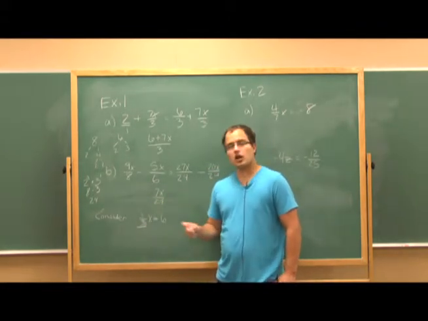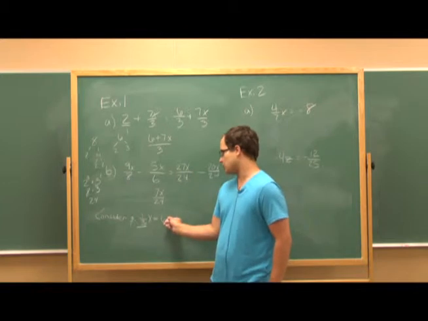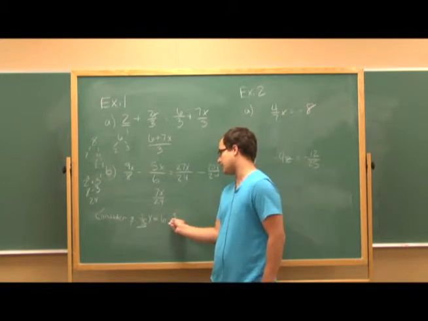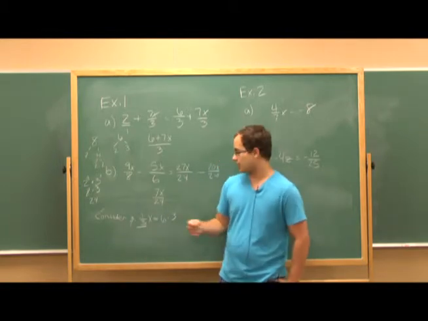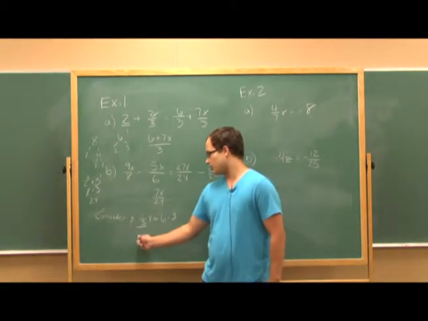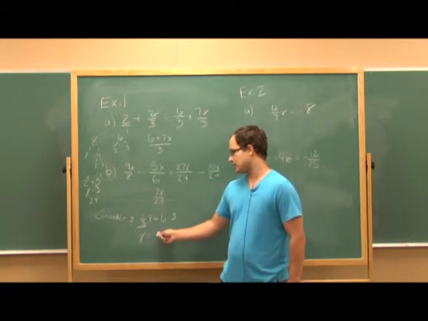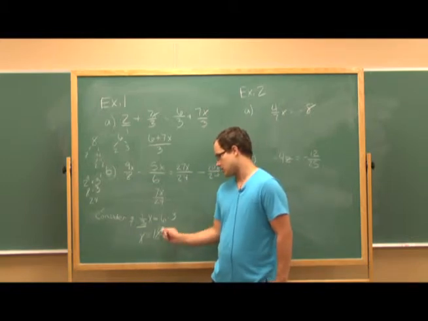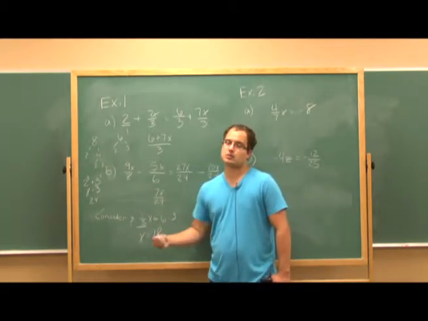So the reciprocal of 1/3 is 3 over 1, which is just 3. So I'm going to multiply it by 3 on this side, because remember with equations, what you do to one side, you have to do to the other. So like I said, 3 times 1/3 is 1x, and 6 times 3 is 18. So multiplying by the reciprocal makes these simple problems quick.